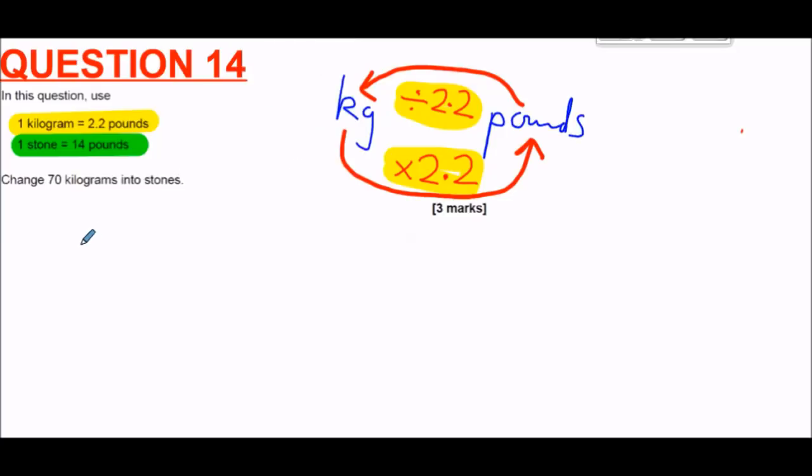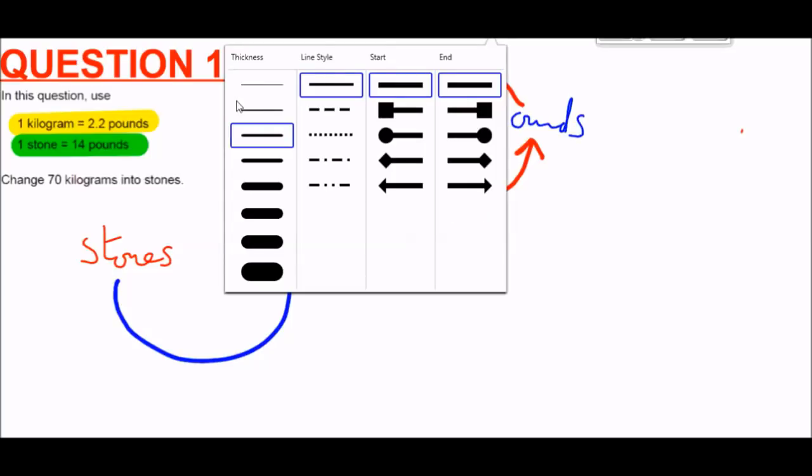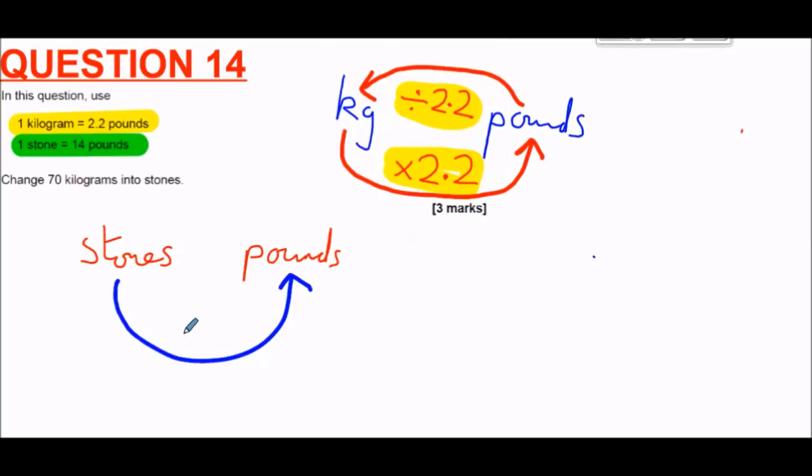If we have stones at one side, pounds on the other, again, we're lucky enough to have this relationship in the form where one of the numbers is a 1, the other number is not 1. So once again, the conversion factor will be the number that isn't 1. To change from stones to pounds, we're going from a small number, 1, to a bigger number in pounds, so we're going to multiply by 14.